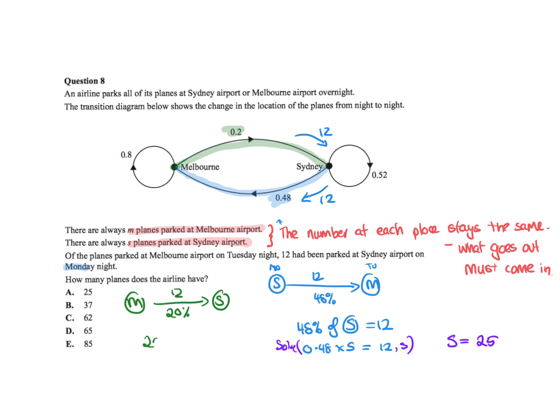So I can say 20% of Melbourne equals 12. Then if you change that to an equation, and you can do your solve again, comma M, you end up with M equals 60. So in total, there was 60 and 25. So in total, that would be 85.